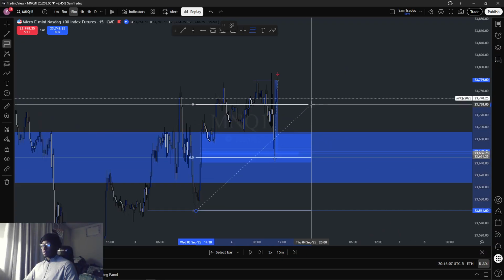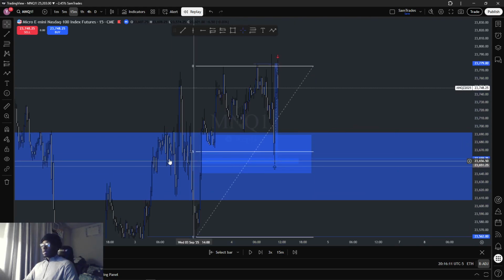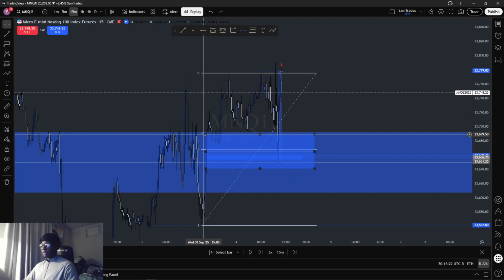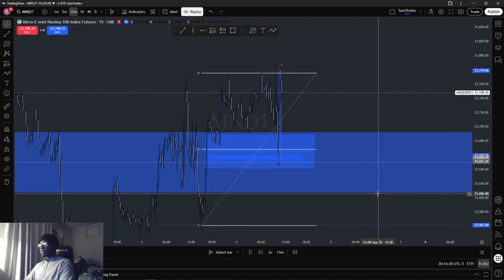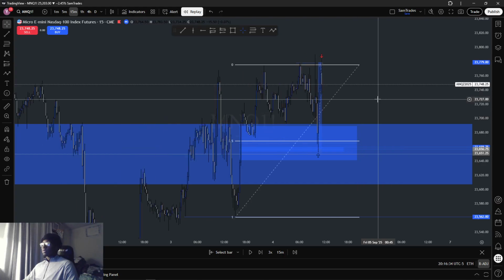I do it from the swing low to the swing high, and I want price to bounce off this 50% point right here. I saw how that 50% also matches the CE with this 15-minute bullish fair value gap. So obviously that's a big liquidity point for price to retrace into.